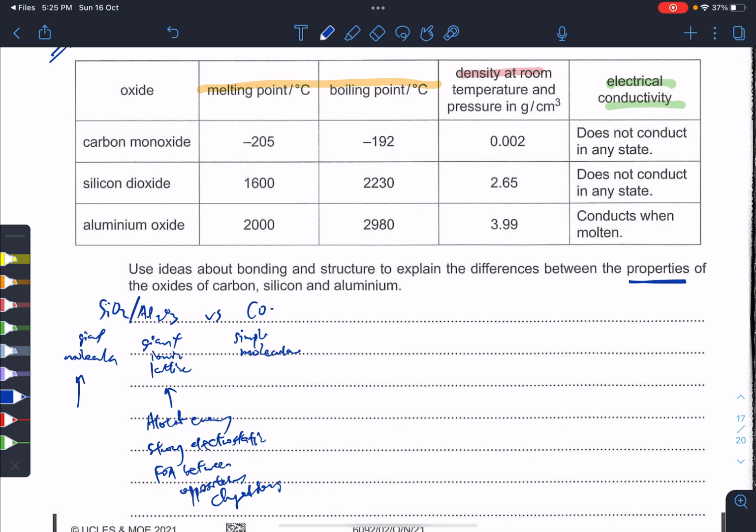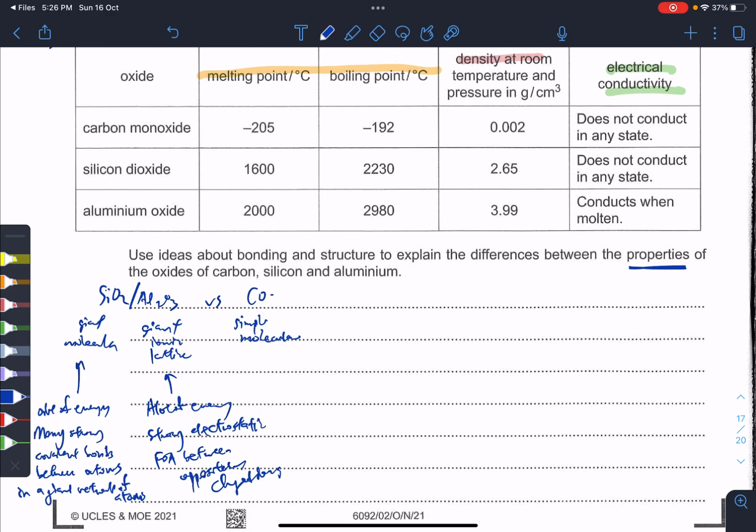This one needs a lot of energy to break many strong covalent bonds between atoms in a giant network of atoms. Do you need to compare between these two? I don't think so. They are both very high, and we don't really learn how to compare between these two.